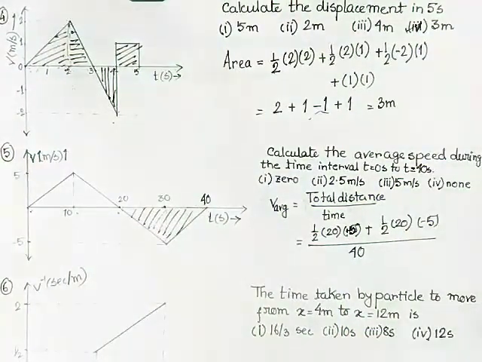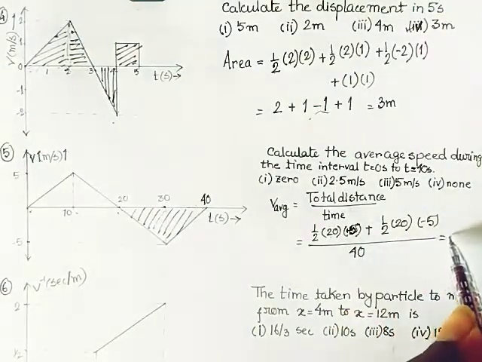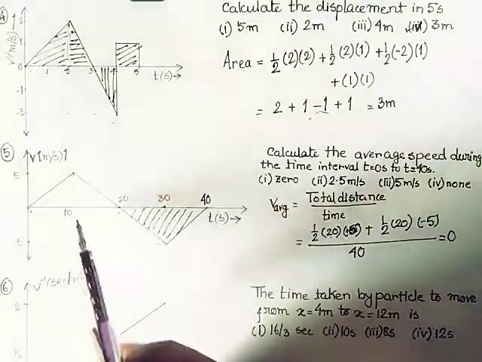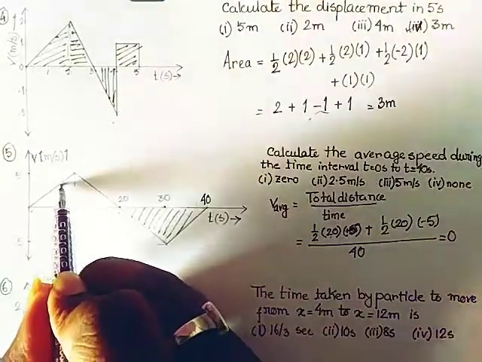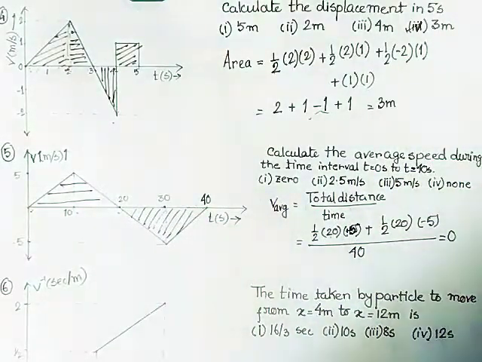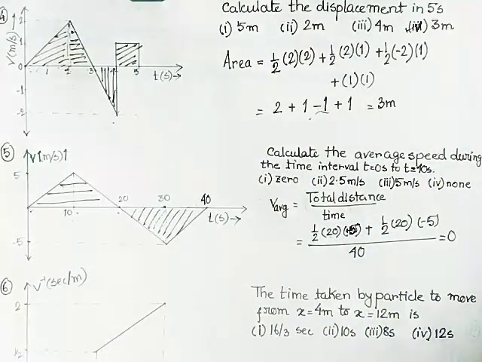So just see, if we do this, then these two parts cancel out each other, so the answer is 0. So without any calculations, from the symmetry of it, this triangle and this triangle are similar or symmetric with respect to the time axis.